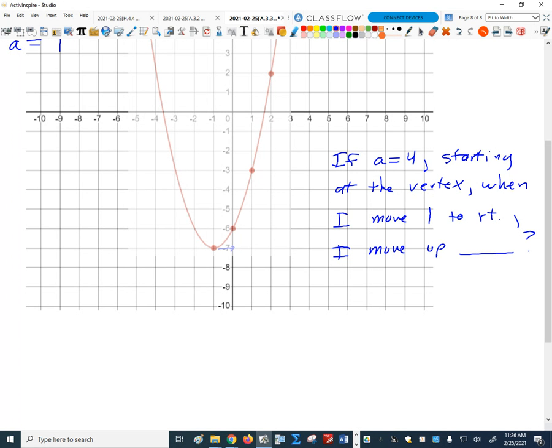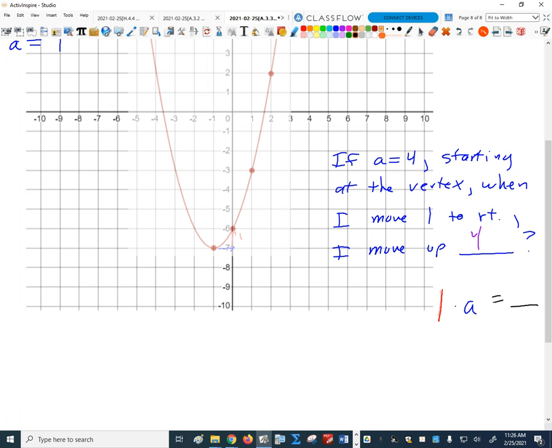Okay, I like it. Good, right? I'm moving up by 4, and the reason for that is that my normal height of 1, I'm multiplying times a to get my answer, right?